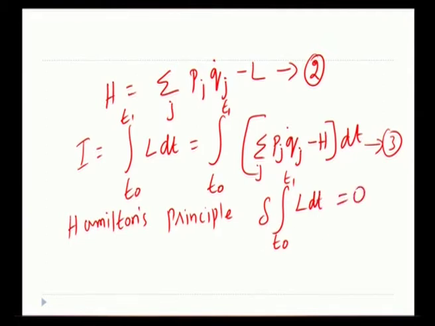This is what Hamilton's principle says. According to Hamilton's principle, we have del of this L dt, the small variation of this L dt, equal to 0.